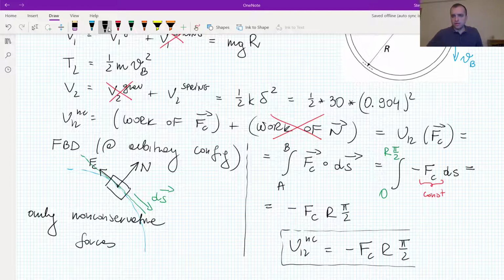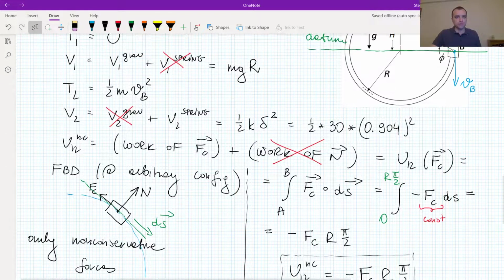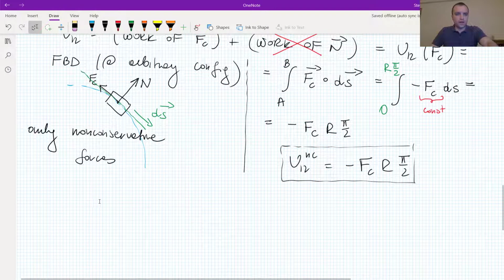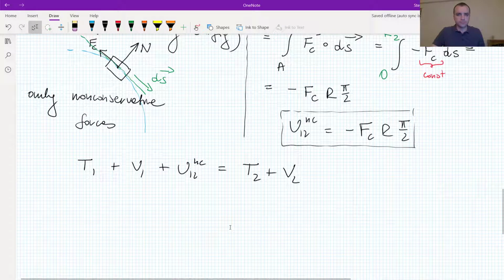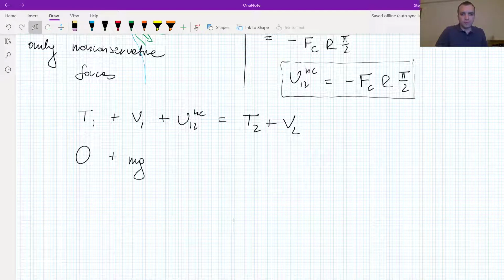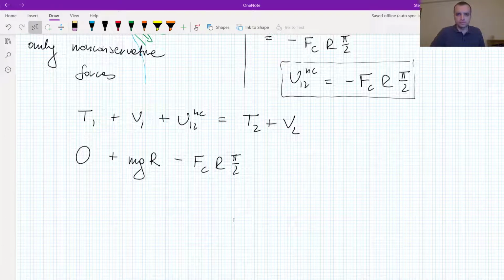Okay, I think we found these 5 expressions. We solved 100% of the problem, right? I believe so. So now we should just copy this expression and fill it out with our findings. T1 was 0, V1 was, I believe, mgr, and the work of non-conservative forces we just found is equal to minus Fc r pi over 2.